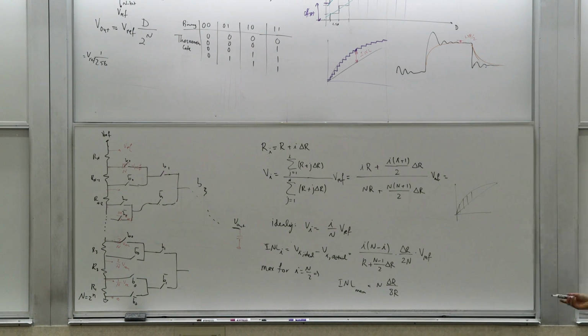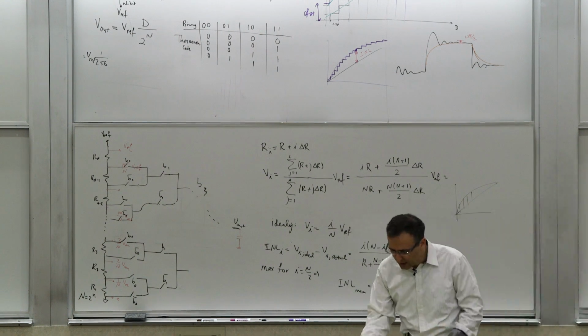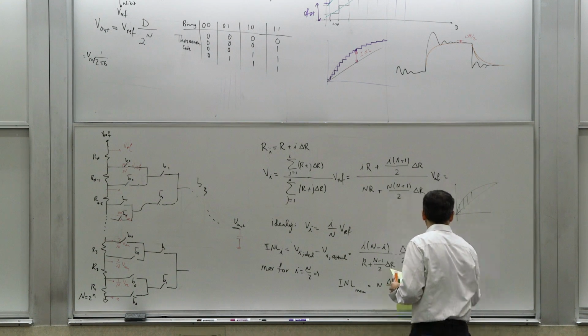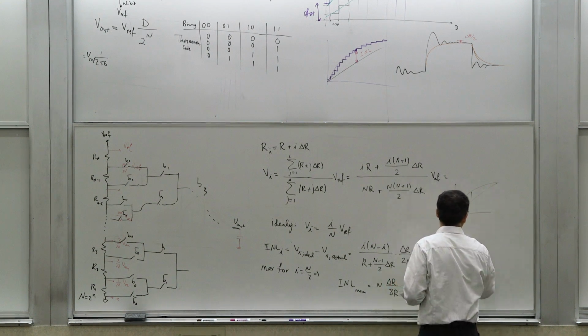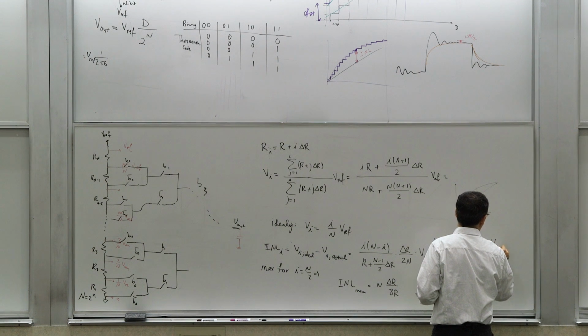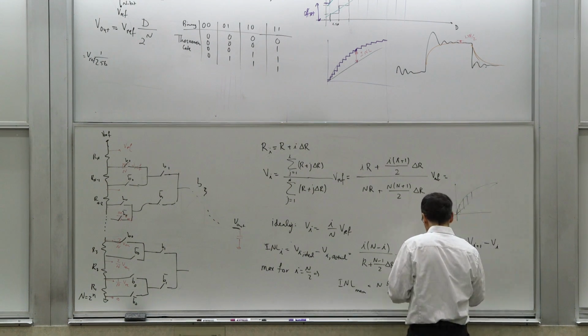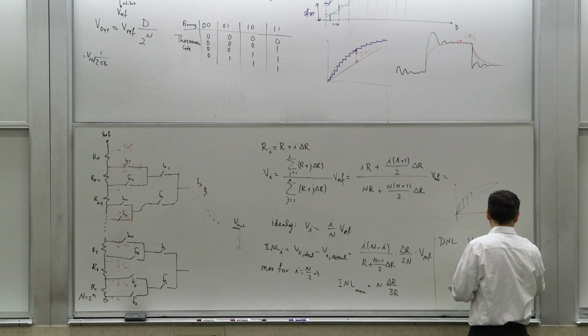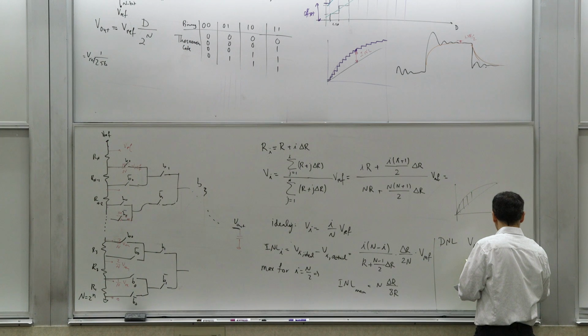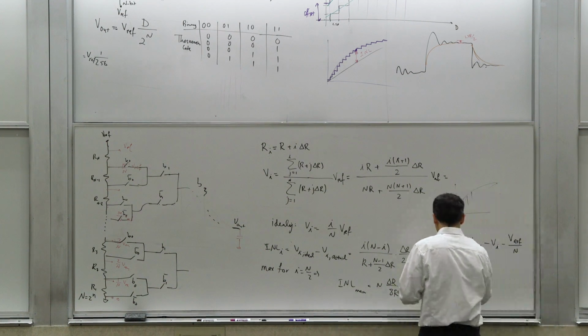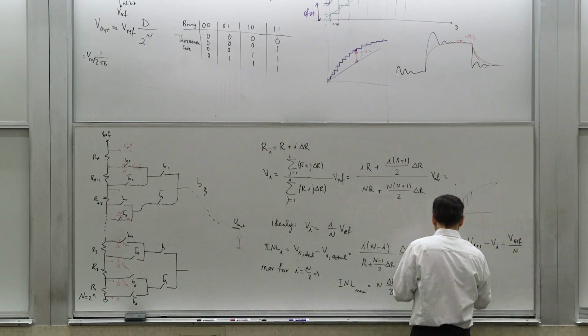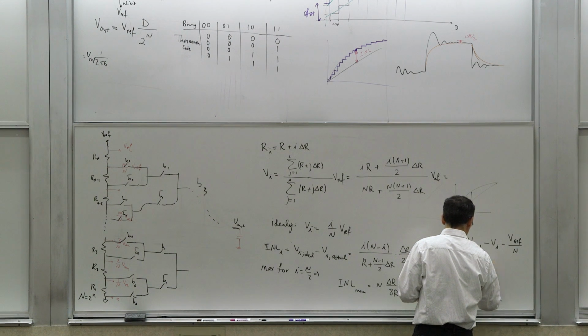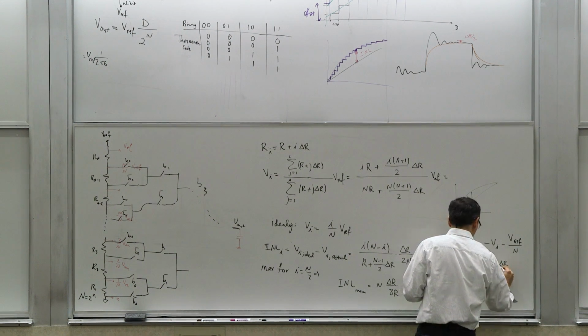Now, how about DNL? DNL is relatively straightforward to calculate. So for DNL, you have Vi plus 1 minus Vi, right? And you calculate it minus the ideal step, the delta that you need to have anyway, which is Vref divided by n. That is given by I minus n minus 1 divided by 2 times delta R over R, times Vref divided by n.